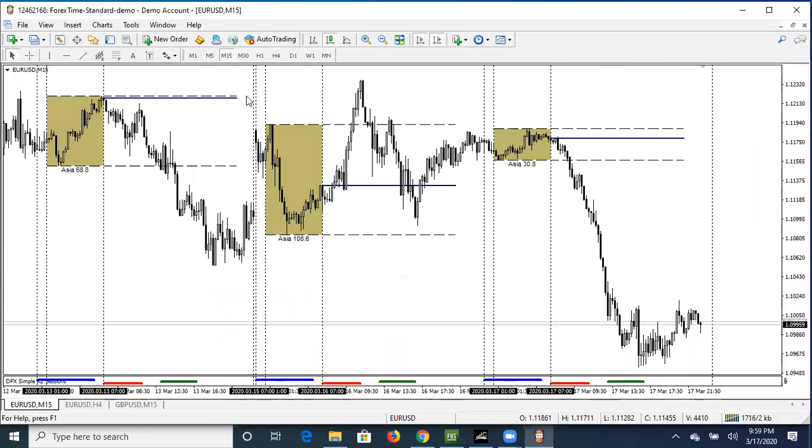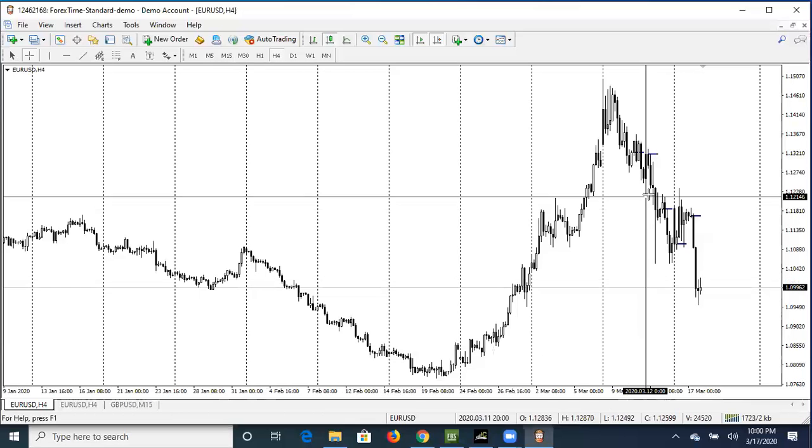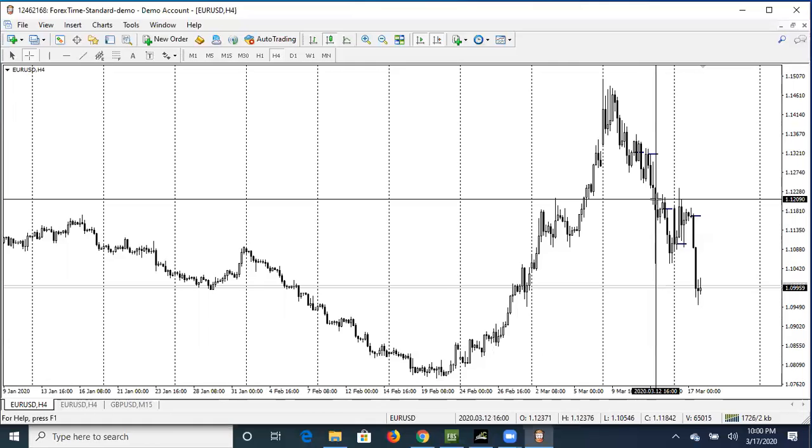So EU presently on the 4 hours, like we discovered earlier, is bearish. And the bearish bias started from the 12th of March, right?